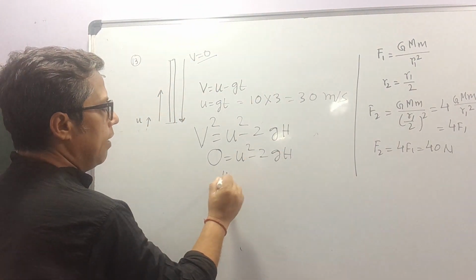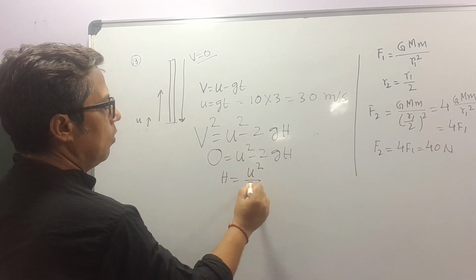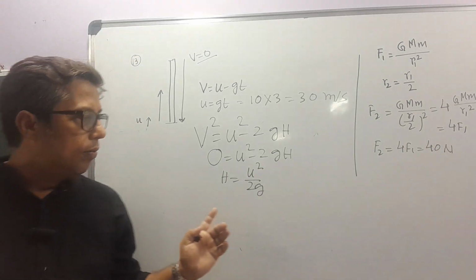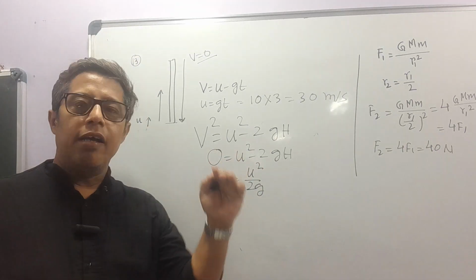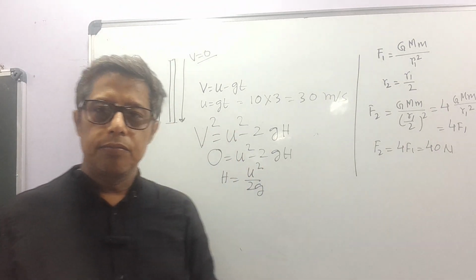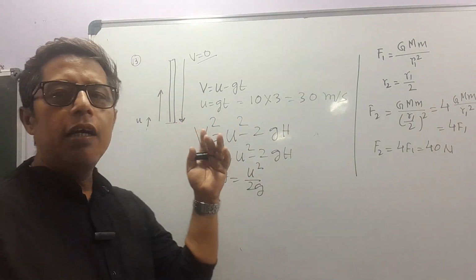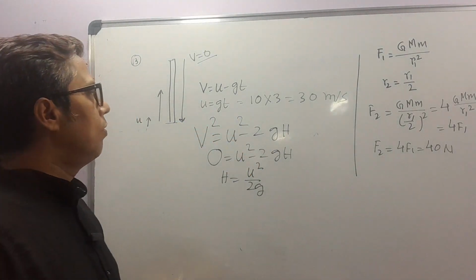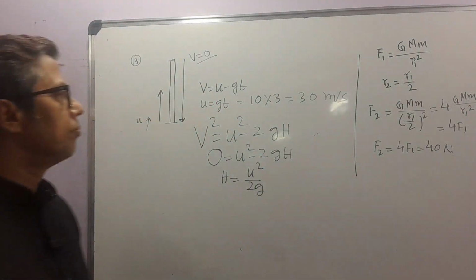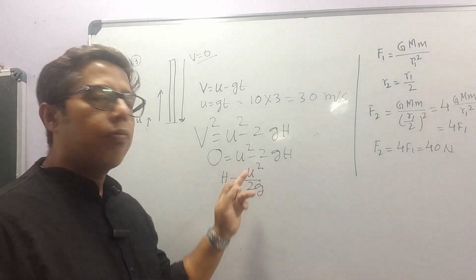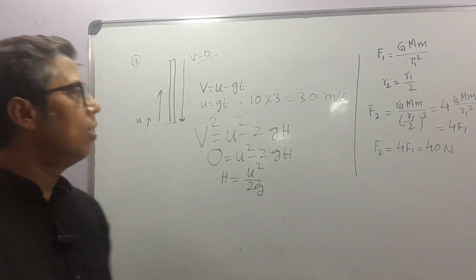So here h is equal to u square by 2g. This is the formula from which we get the maximum height the object will reach. Fine. In our case, we don't have the initial velocity, so first we will get the initial velocity. Then we'll get the maximum height from this equation.